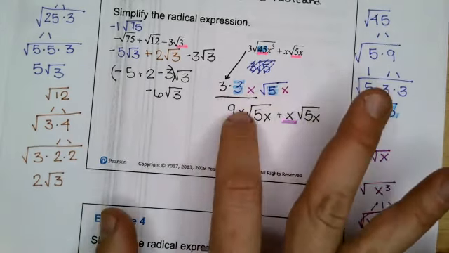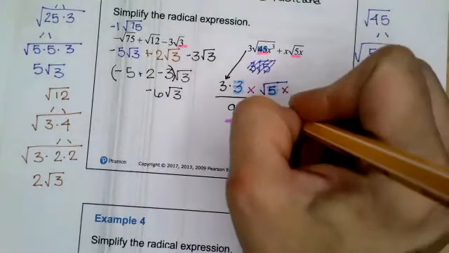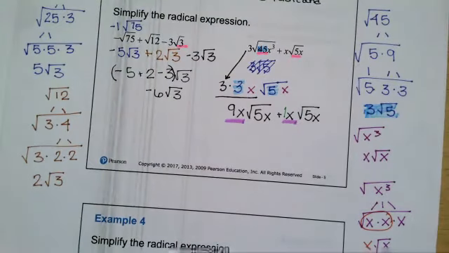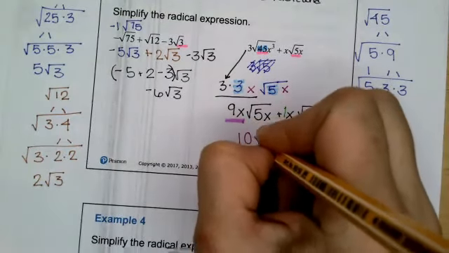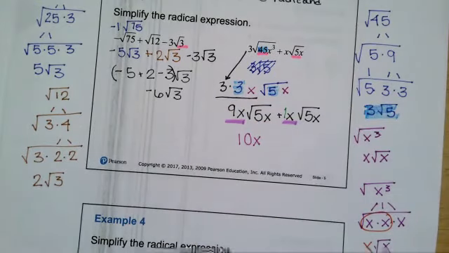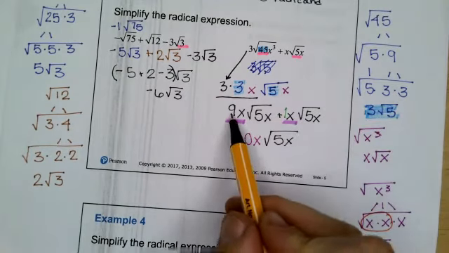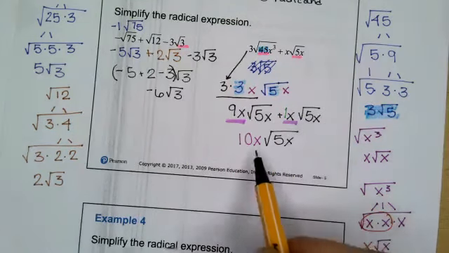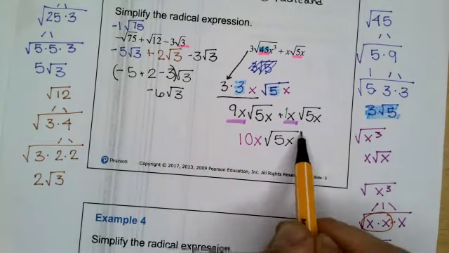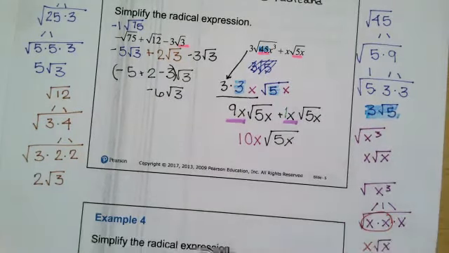This is 9x, and this is an understood 1x. 9x and 1x become 10x's. Or 9x square root 5x plus 1x square root 5x become 10x square root 5x. So if you want to, you can think of all of this as one term, and you're combining the 9 and the 1 of them. Good.